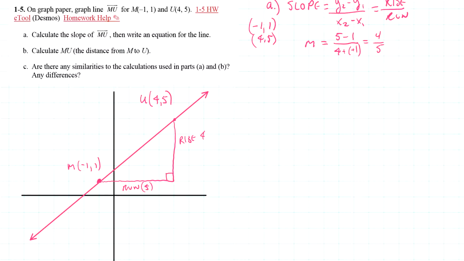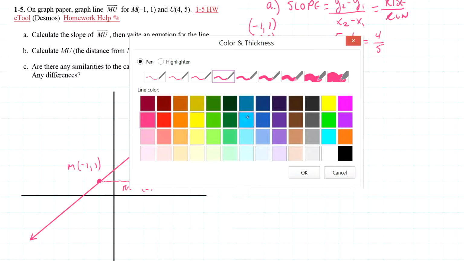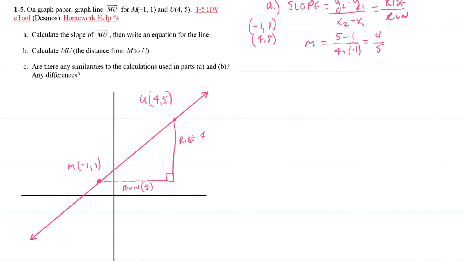And so they also wanted us to write an equation. Let me just get a different color here. We can write the equation by using point slope form. The equation is going to follow y equals mx plus b, where m is the slope and b is the y-intercept.